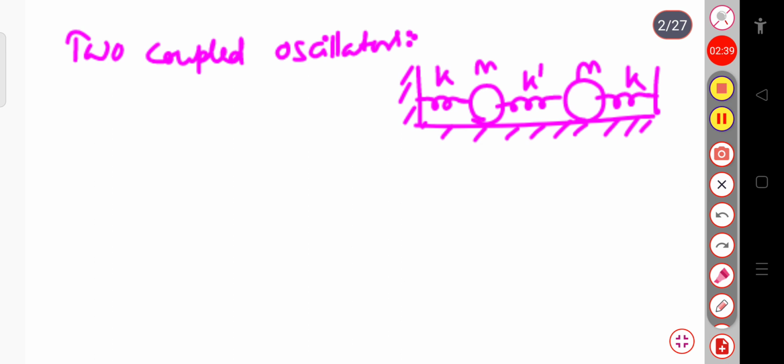So this is basically the figure for the two coupled oscillator, as you have studied. If it oscillates, suppose this mass is displaced from its original position to this position, and the other one is also displaced from its original position to this position. Each has mass m.